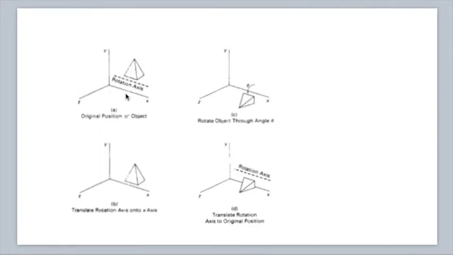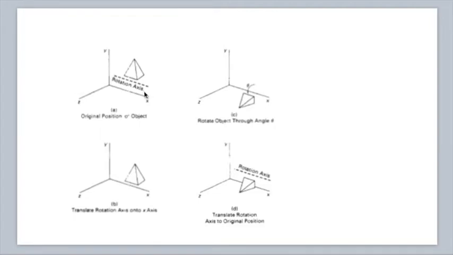This figure shows an axis which is parallel to the x-axis. The dashed line shows the rotation axis, and this rotation axis is parallel to the x-axis. So how do you perform the rotation? First you translate this object to the x-axis, as shown here.